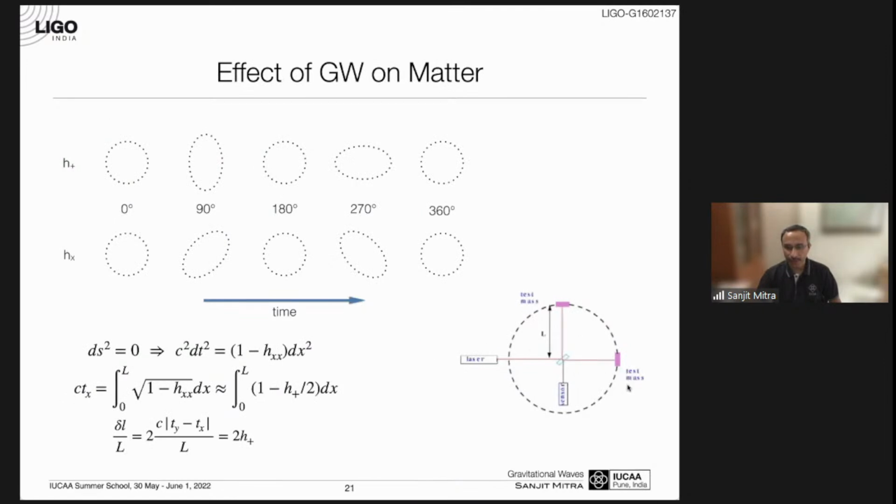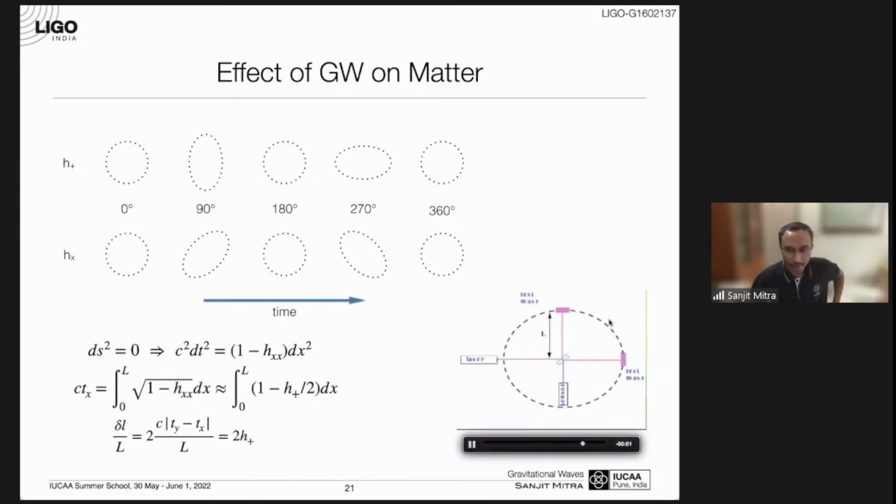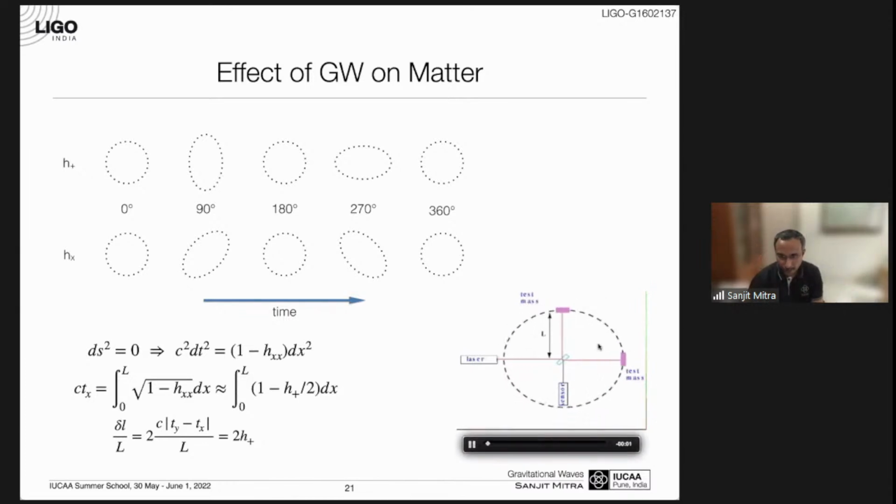So here, I showed this thing, that when sinusoidal gravitational waves fall on this ring of particles, it does this kind of oscillation. But the thing is that the time taken by photons to hit the mirror and come back could be such that, as this oscillation is happening, the photon is going like this many times.